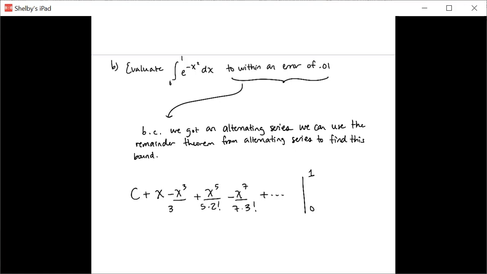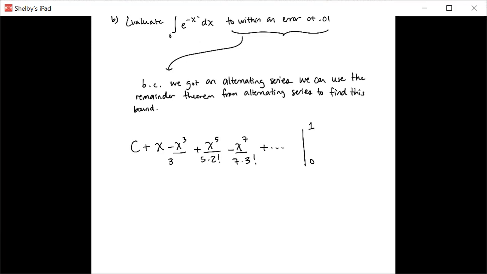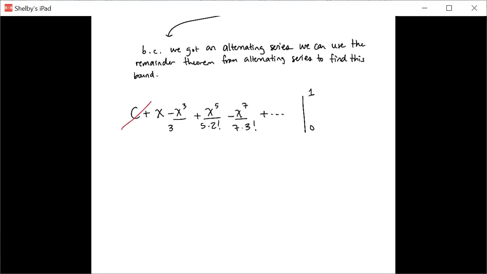So the constant of integration is going to go away when we take the difference. So just cross it out, it does not matter. Okay, and when I plug this in for 1, and then take the difference for plugging in 0, all the terms have x's. So the one plugging in 1, taking away when you plug in 0, the taking away 0 is just going to be taking away nothing. So all I need to do really becomes just evaluate at 1.